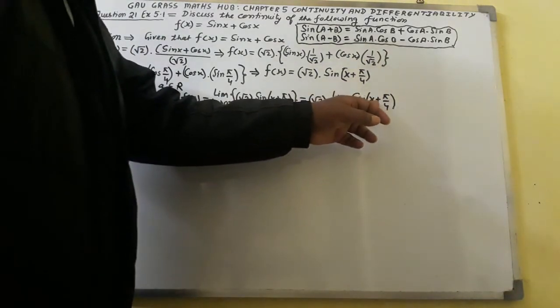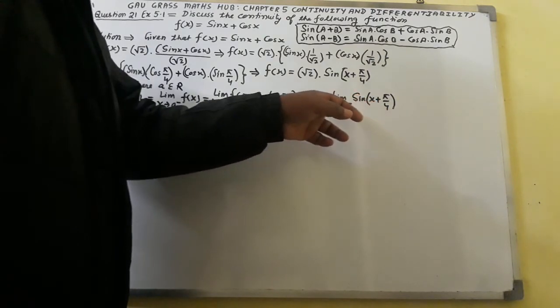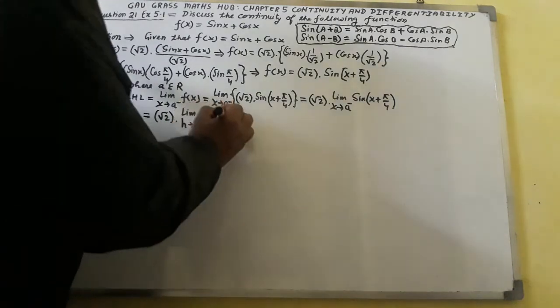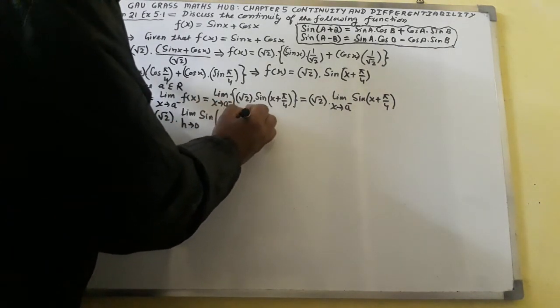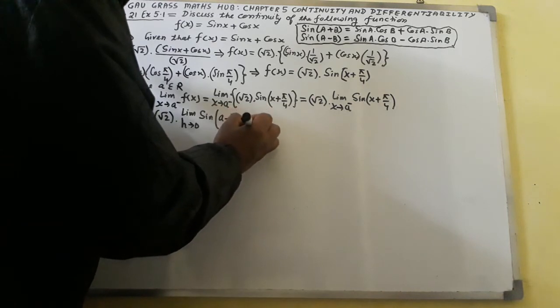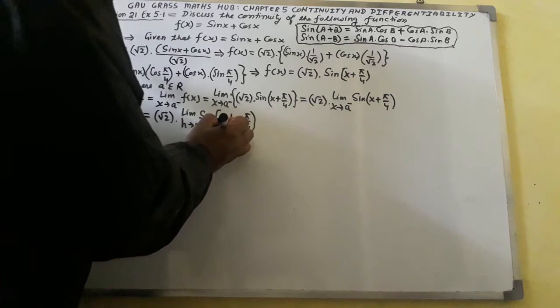Here in place of x I shall write x is equal to a minus h. So here write a minus h plus pi by 4, bracket close, comes out to be.